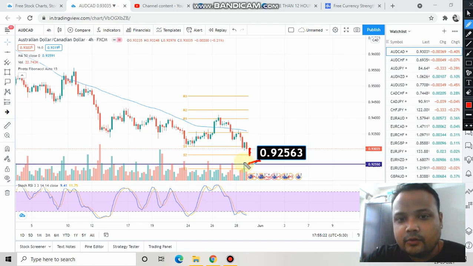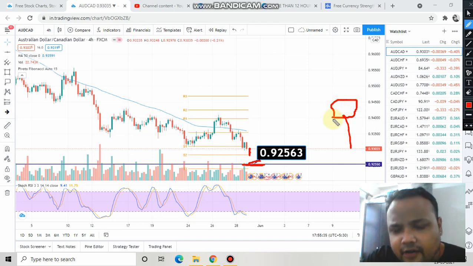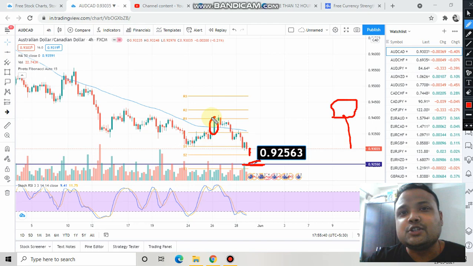Wait for the market to come down to the support level, and when the market hits the support level, just observe the price. If you see that this support level is still valid, the market is having price rejection from below, forming a hammer kind of pattern, forming green candles like this, then you'll get the confirmation that yes, this support from the weekly chart is still valid, and you can go for a buy order.